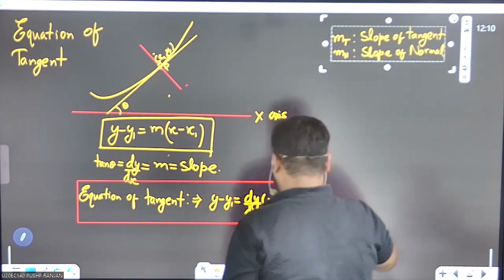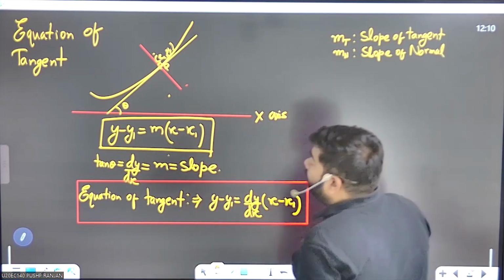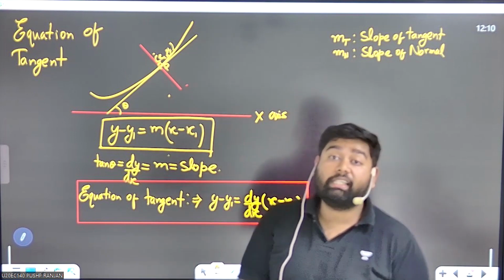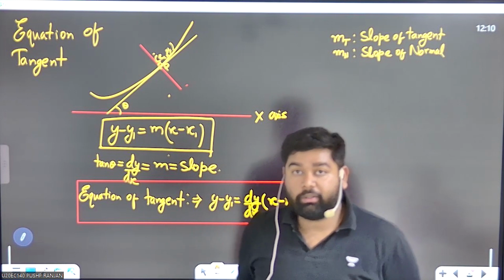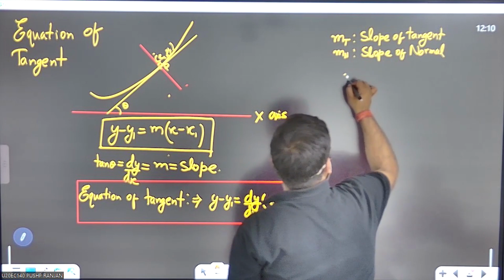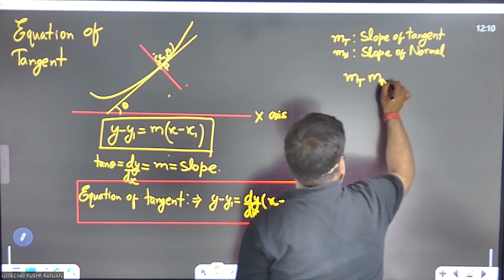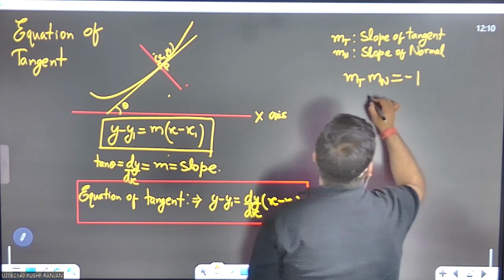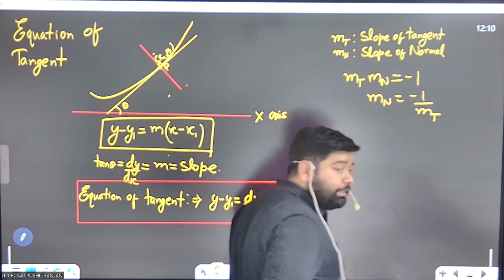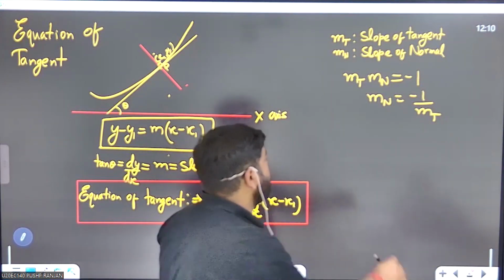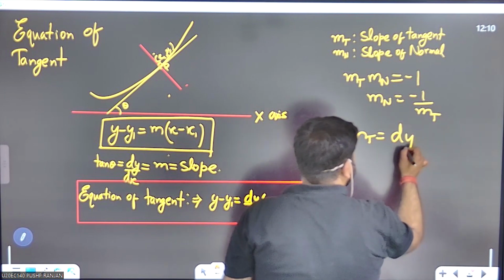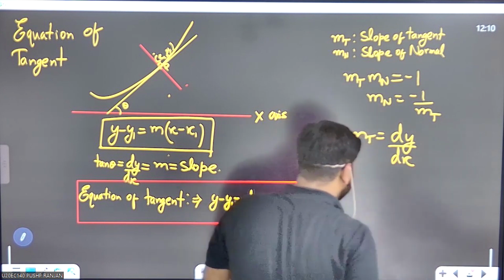Let's move this over here. As we can see that both lines are perpendicular, what is the relation between the slopes of two perpendicular lines? Yes, you are right: Mt times Mn equals -1. Then we can say that Mn equals -1 upon Mt. As we know, the slope of tangent Mt is dy by dx.